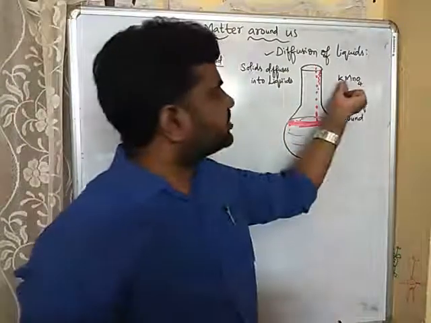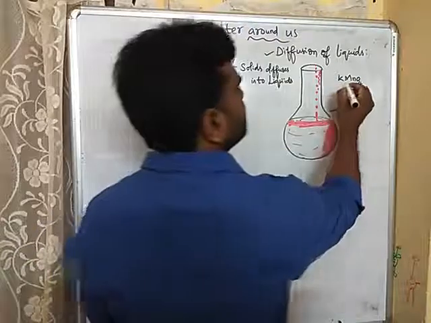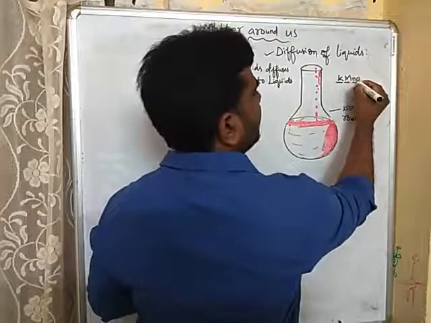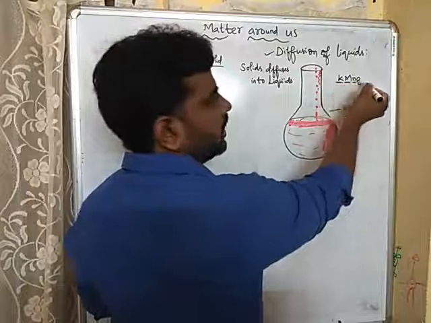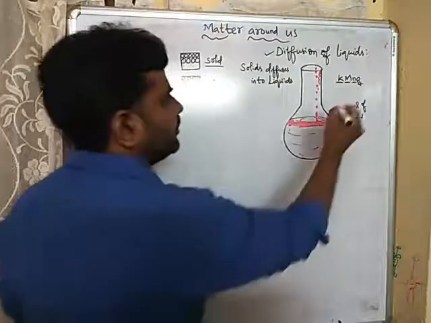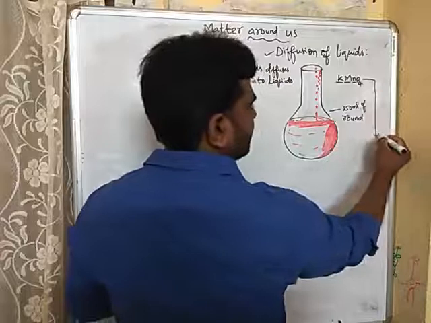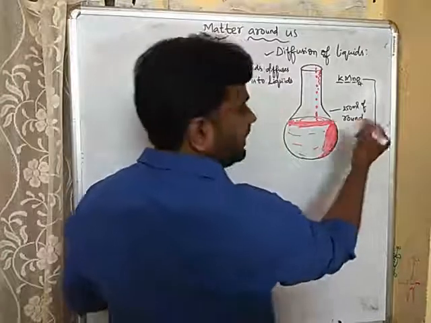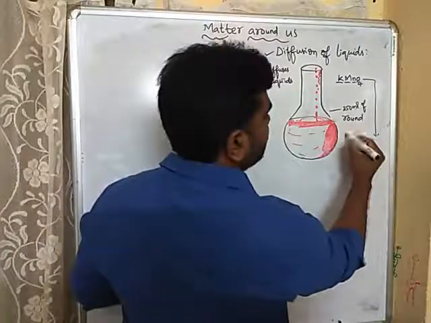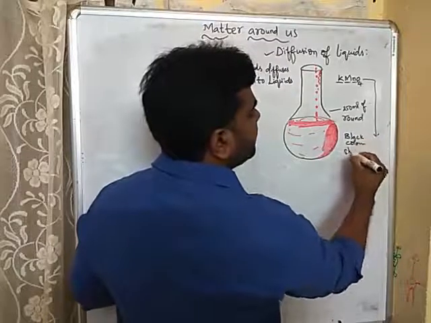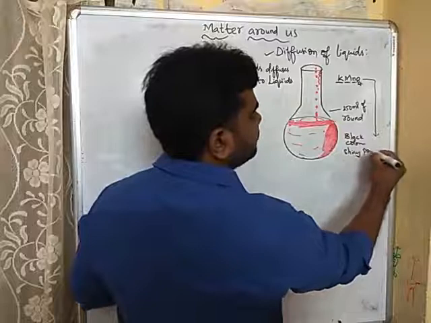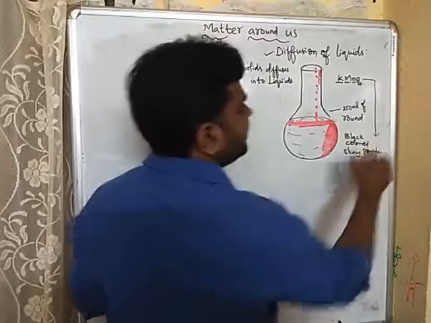The formula of potassium permanganate is KMnO4. Remember, the properties of potassium permanganate: it is a black colored shiny powder.